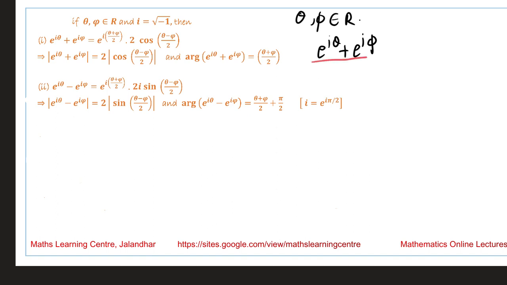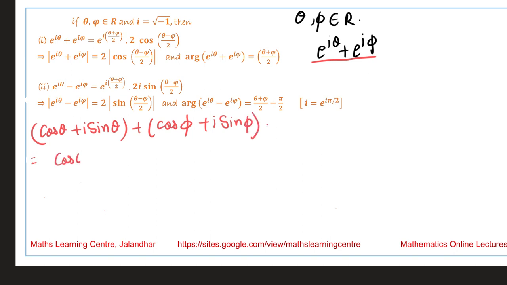We can write e^(iθ) as cos θ + i sin θ, and e^(iφ) as cos φ + i sin φ. So this number is equal to (cos θ + cos φ) + i(sin θ + sin φ).